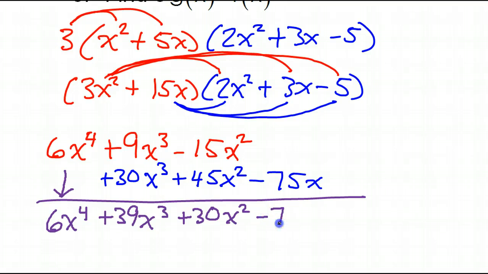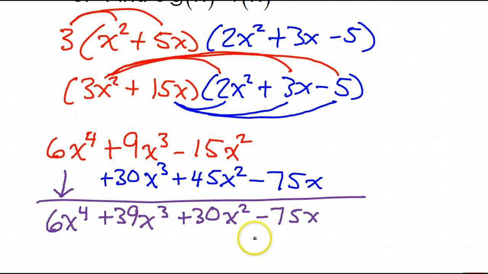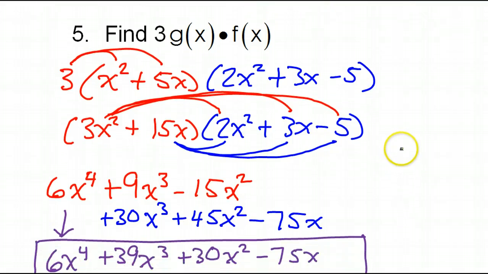And then you bring down your negative 75x. Again, when you're combining like terms, you're always adding. So if you can't comfortably do this addition in your head the way I did, then you will do it this way. You will do negative 15 plus 45. It's always addition. Okay, and that's it. So this will be the final answer for number 5.